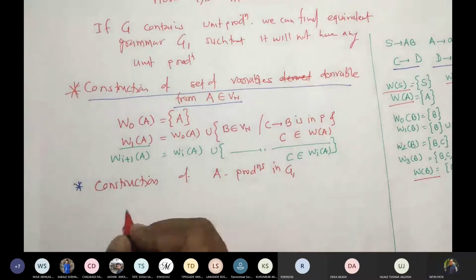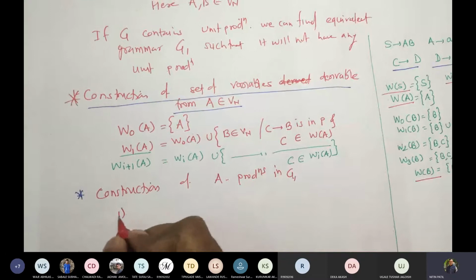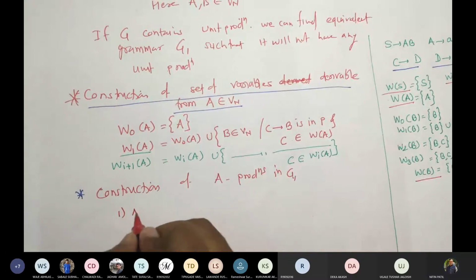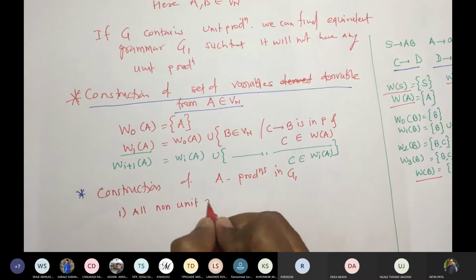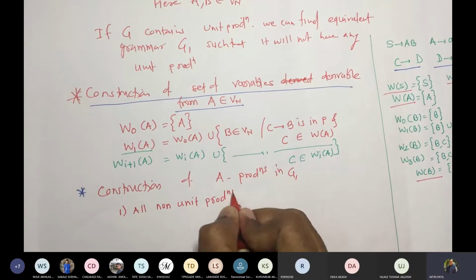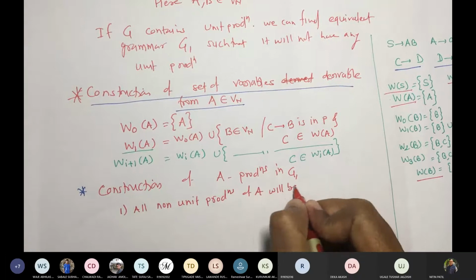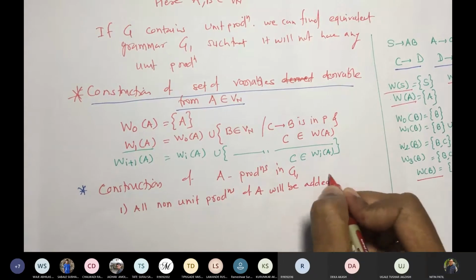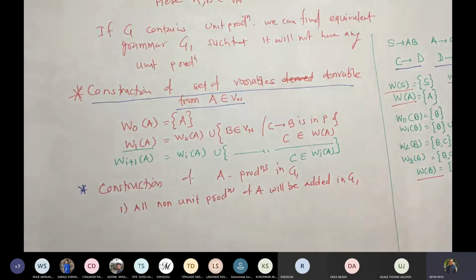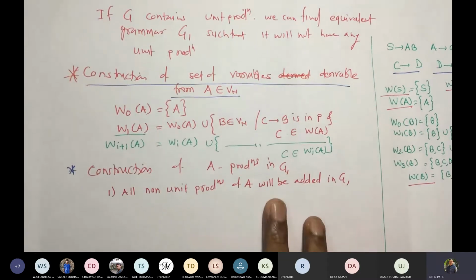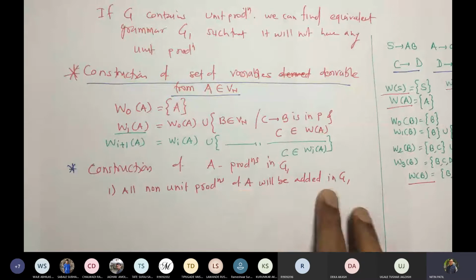Now, what we are going to do, first there would be two steps involved. So first step would be what? All non-unit productions of A will be added in G1. Correct? All the non-unit productions of a variable A would be added in G1.